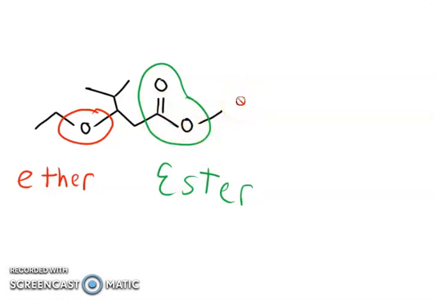But remember, if you have a ketone right next to an ether, or in other words, a carbon double bond oxygen next to another oxygen, that's an ester. This is its own thing, so just know that, because I've seen a lot of people get really tripped up and forget that.